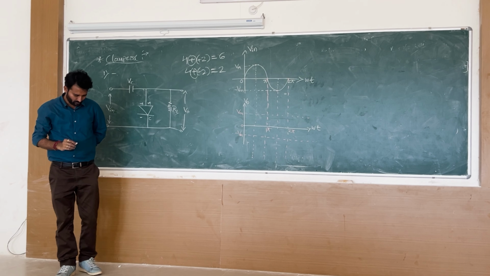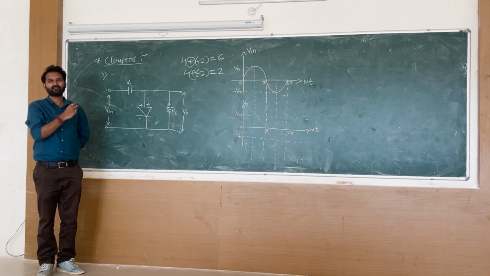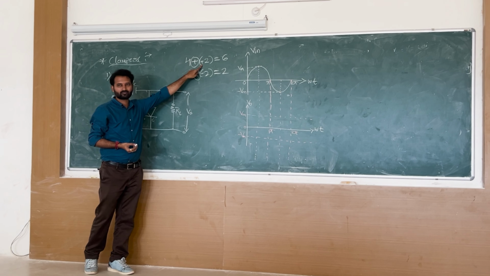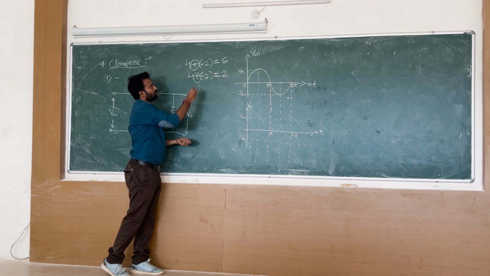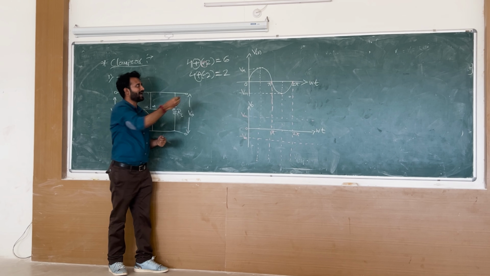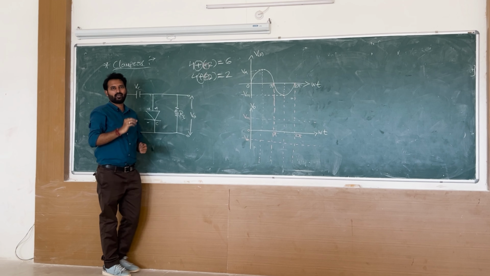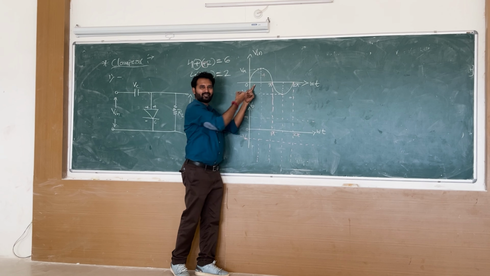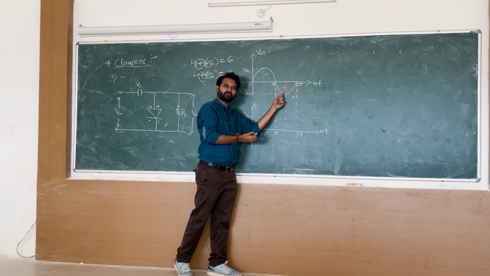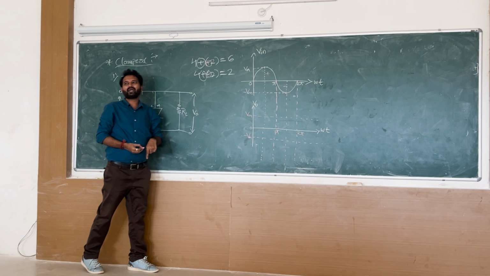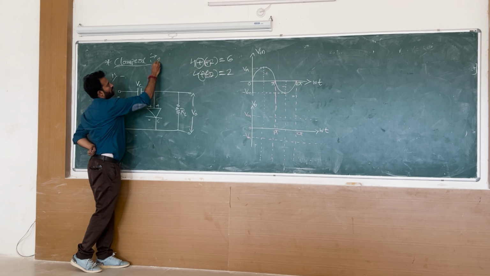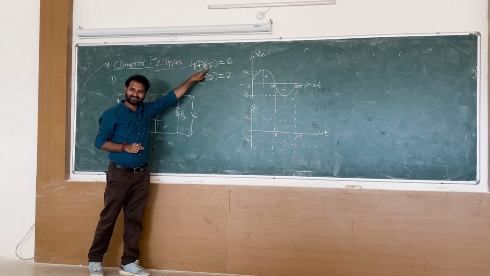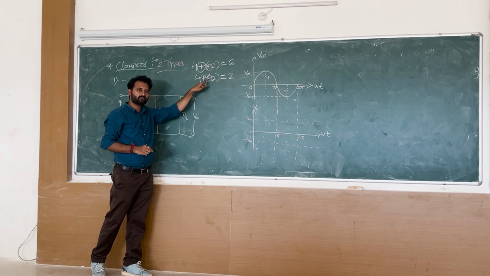Understandable? Now, in the clampers we have two types, based on this: either you will add a positive DC level, or you will add a negative DC level.